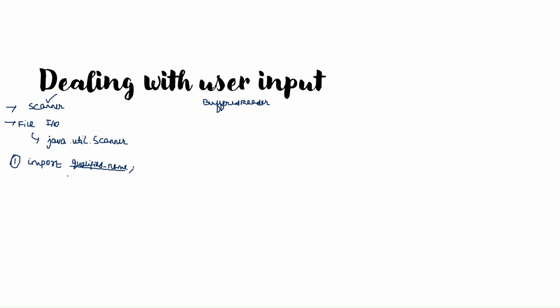Okay, don't forget the semicolon at the end, it's an executable statement. Then you need to create an object of Scanner class in order to access its methods. And thirdly, at the end, you are ready to use all the methods that Scanner class provides.